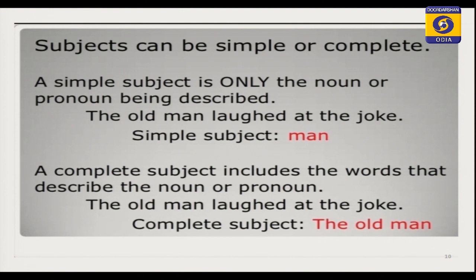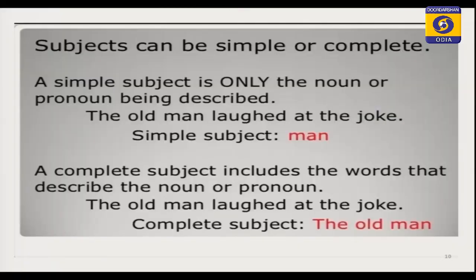Laughed is the verb. And there are 3 words before the verb. If somebody asks you what the subject is here, what will be your answer? Actually, the subject is man. Man is the real subject, or you can say this is the simple subject.